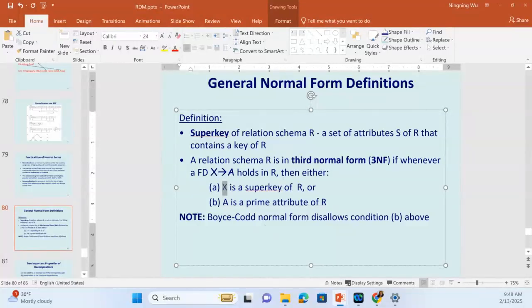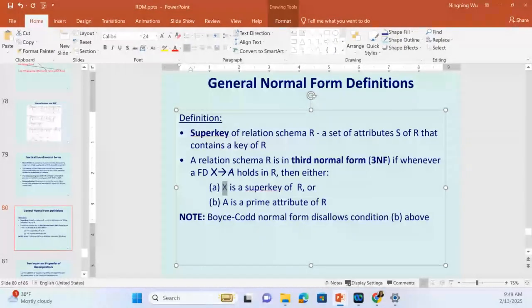So this is called the general normal form definition for the 3NF, because this is very practical. In the real world, we just evaluate whether a relation schema is in third normal form. If not, we do the normalization. We don't care if the functional dependency is partial or transitive, as long as there is one, then we need to do the normalization process.